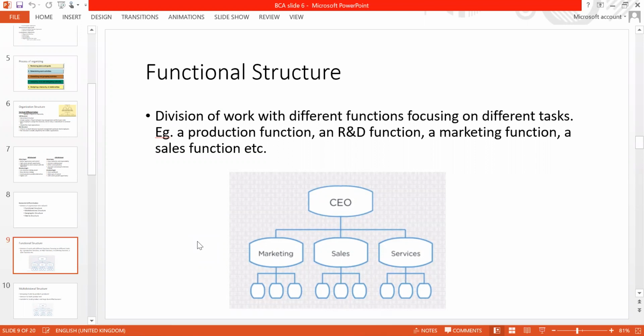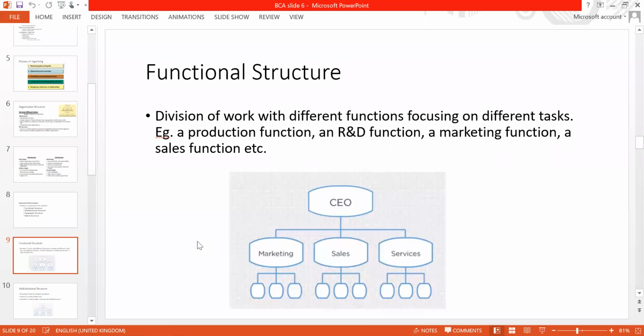And within marketing, you have marketing people working for that special task. Then you have the people who work for sales, and the people who work for services. यस्तो गर्यो भने you are first dividing the organization into different functions, right?